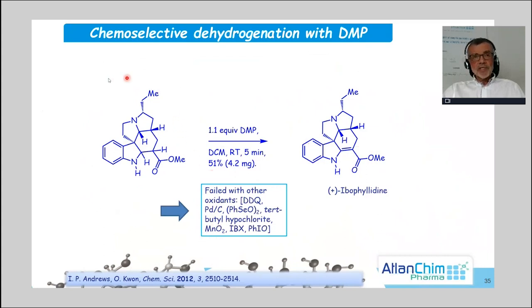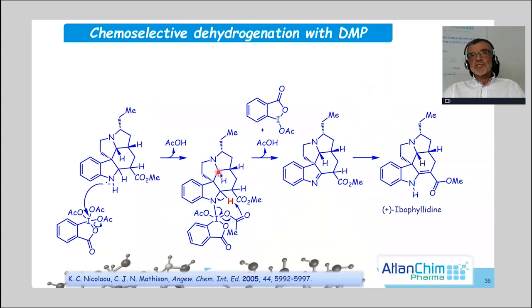Fortunately, treatment of this intermediate with 1.1 equivalents of Dess-Martin's reagent in dichloromethane at room temperature gave the targeted natural product in around 50% yield.